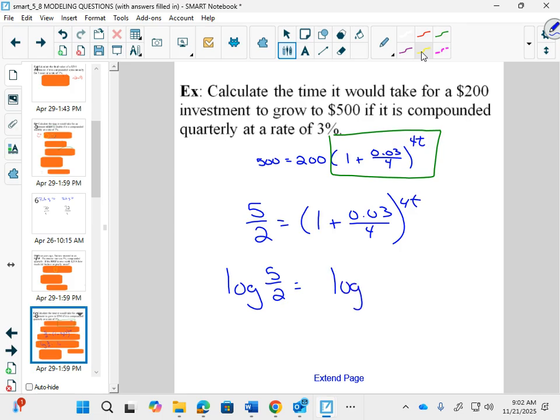And now when I take the log of this side, this exponent from your log law can come out in front.